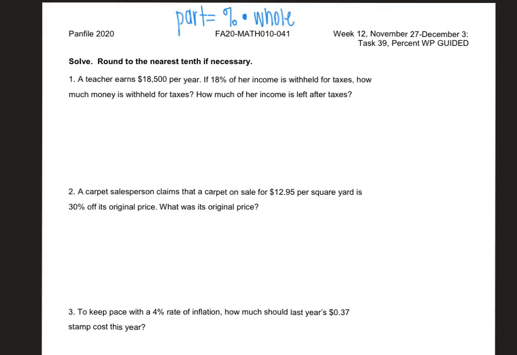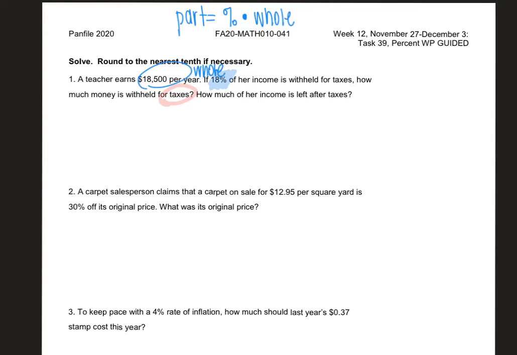So if we look at this one, the teacher earns $18,500 per year. That number is your whole, right? That's the whole amount that she earns. Now, the percentage is somewhat easy to find in this one. It tells us 18%. And they want to know how much money is withheld for the taxes.